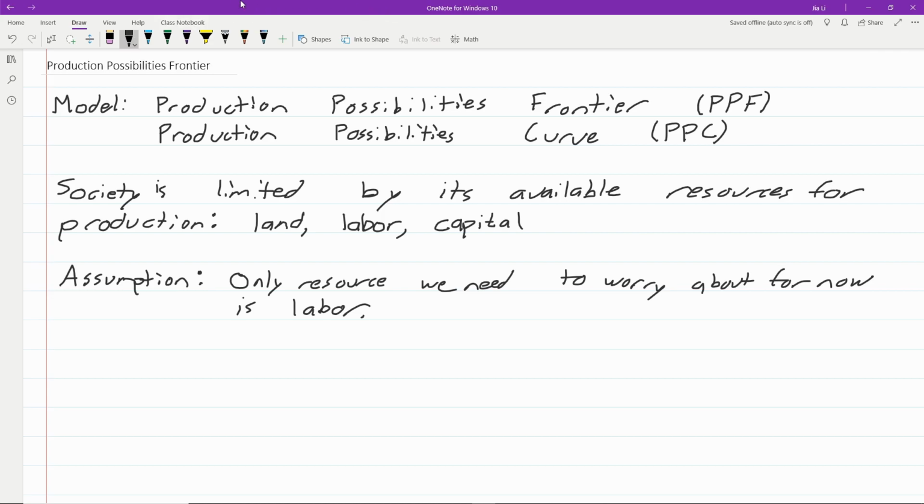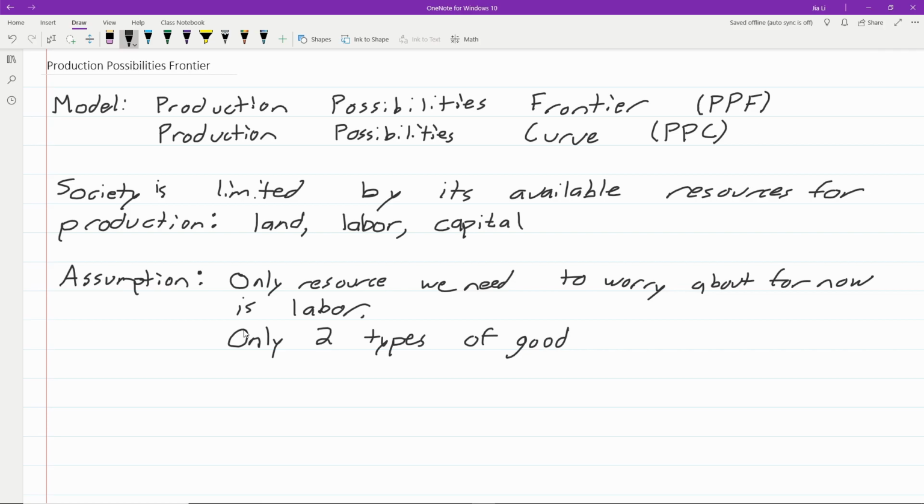Okay, so with that, we'll also need to make a couple more assumptions. We'll need to also assume, again, for the sake of simplicity, there are only two different goods that society wants to produce.